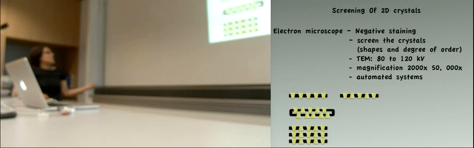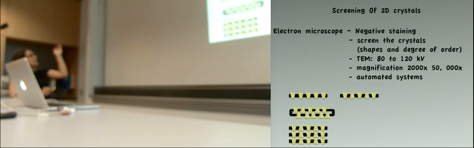Once you have your 2D crystals, you have to see whether you have crystals or aggregates, what kind of crystals, the shapes of the crystals, and the degree of order. You normally use the electron microscope. We use the negative stain technique, and you can use a transmission electron microscope at 80 or 120 kilovolts, at a magnification around 2000 to 50,000.